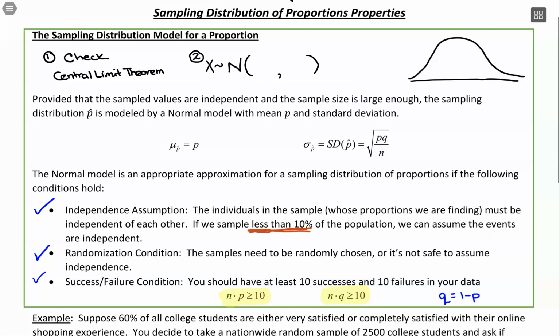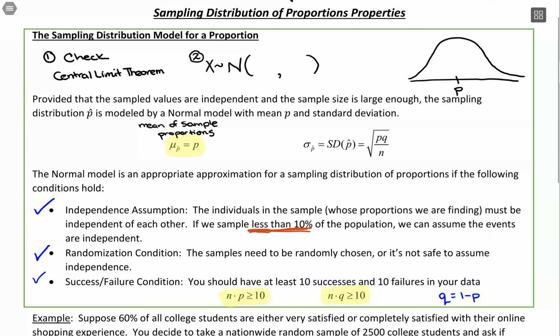For the mean, what we talked about in the previous video was how the mean of our sample proportion, or this average of sample proportions, same thing, is just going to equal your population proportion. When we take these samples, they're going to center around that population proportion because that's what's expected for our samples.